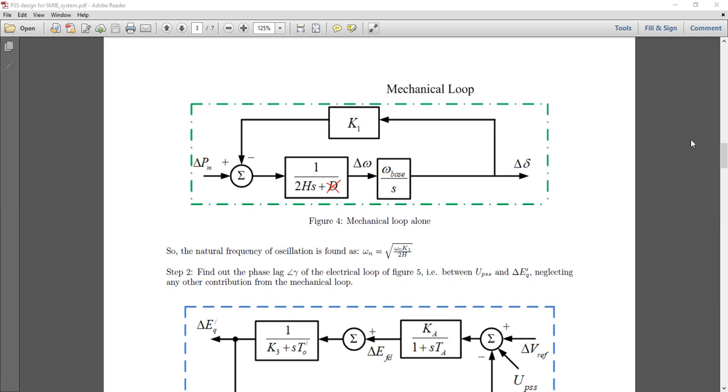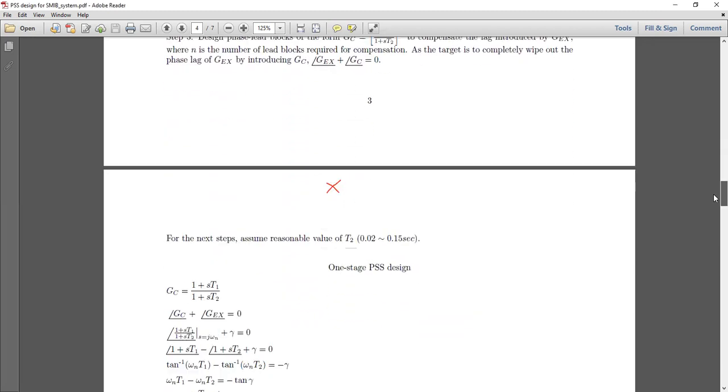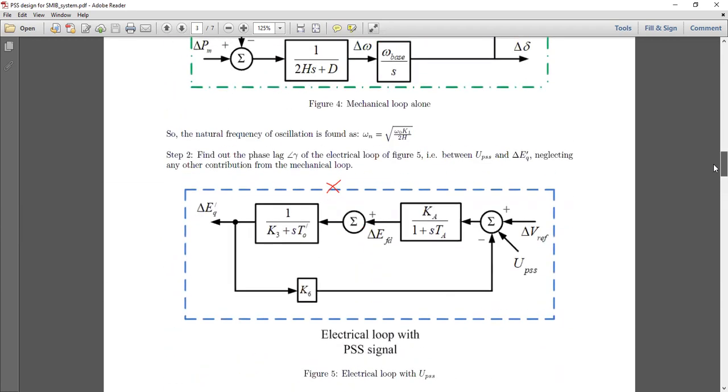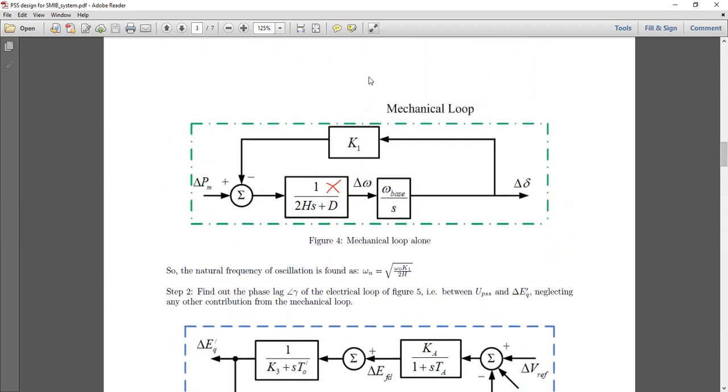Now, when we have some damping from the PSS, denoted by DE, this D, which was initially 0, is replaced by the new DE. So now putting DE here, you simply recalculate this transfer function, output del delta divided by input del PM.